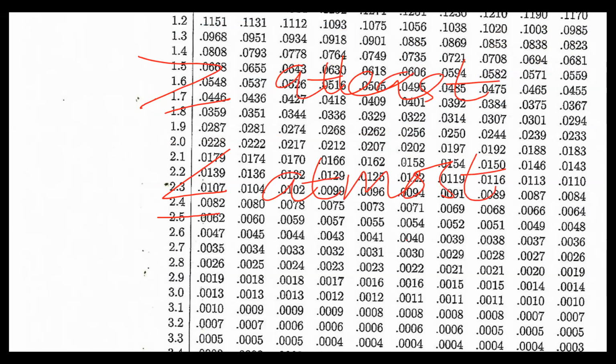Sorry, the answer was 0.9222. What did you find? I've already erased. 0.9308. You're finding something different? Yes, sir.